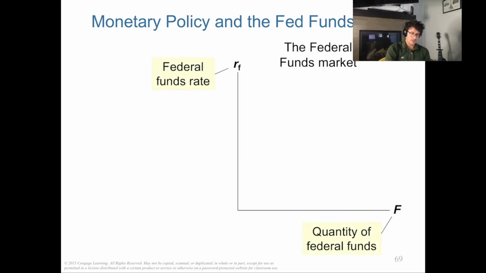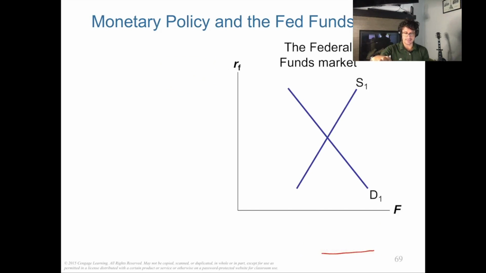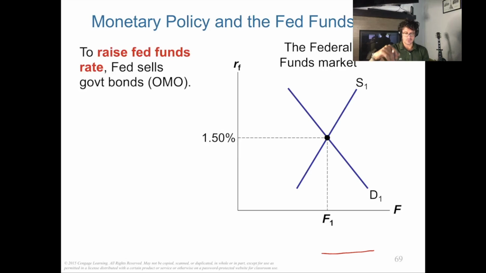This is the market of federal funds. So this is, if you want, the interbank market, where banks sell and purchase reserves from each other. Let's suppose we start from this equilibrium, where this is the quantity in the market and this is the Fed funds rate traded in the market.